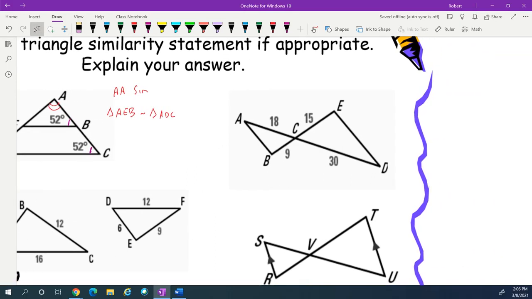Very similar to a previous question, and now we're a little bit wiser. So we focus on our vertical angles. And again, even though they didn't tell us that they're asking us to figure this out, and they didn't tell us that we have parallel lines, think about parallel lines and alternate interior angles.